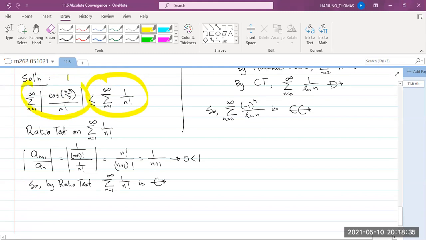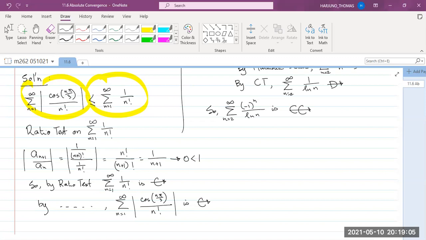Then what makes this convergent? By what? Wasn't that the comparison?